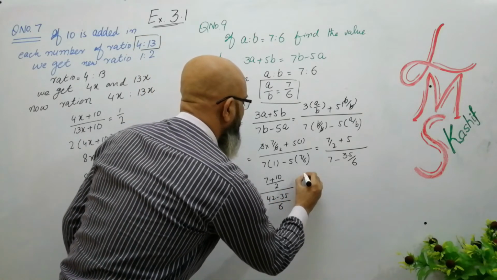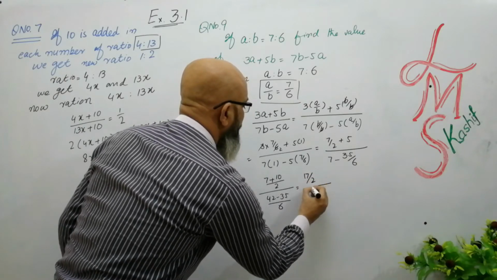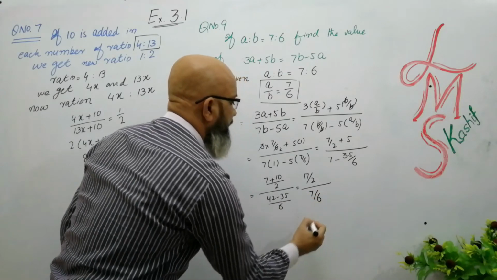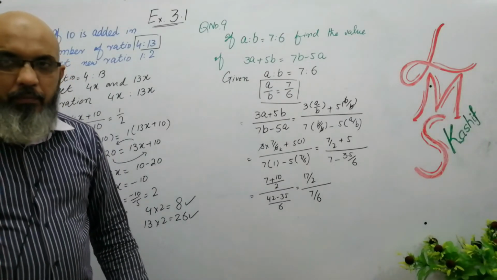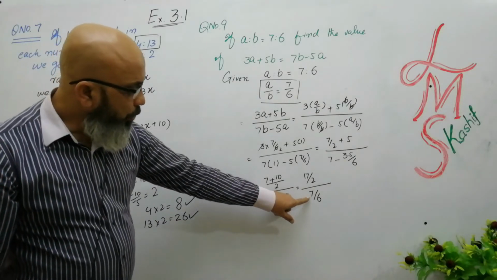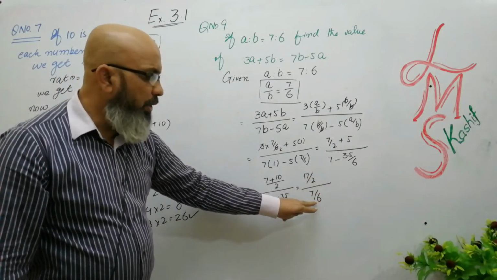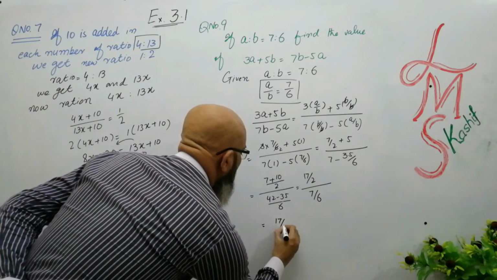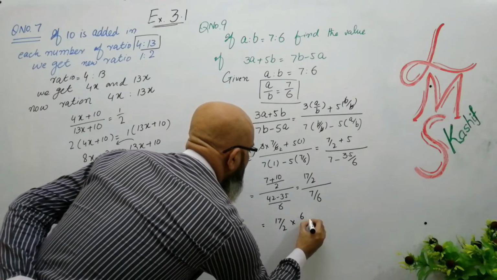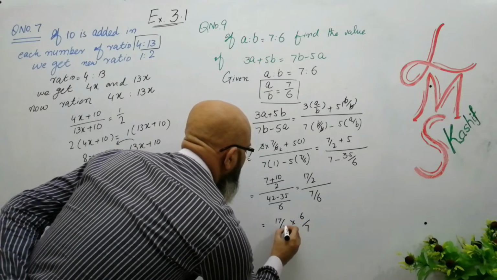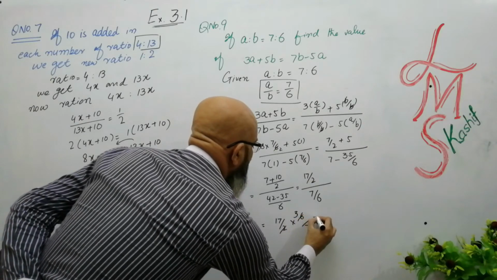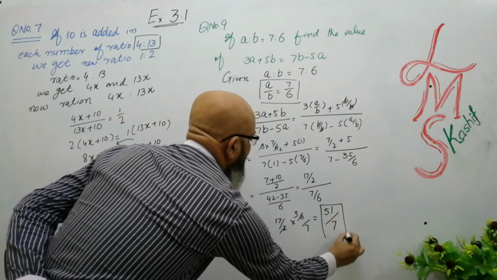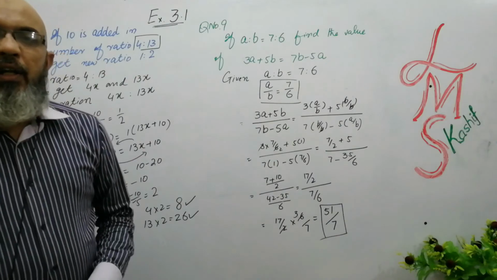So by solving this we will get 17 over 2 divided by 7 over 6. So now what we get, we will move upward. When we move this upward, we will write its reciprocal, means 17 over 2 multiplied by 6 over 7. So this will cut, 17 threes are 51 and 7 ones are 7, which is your required answer.